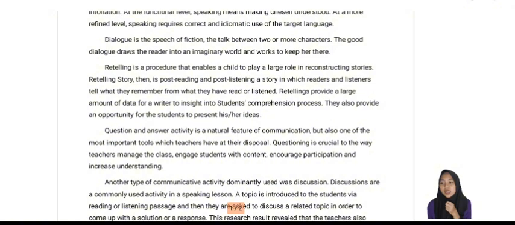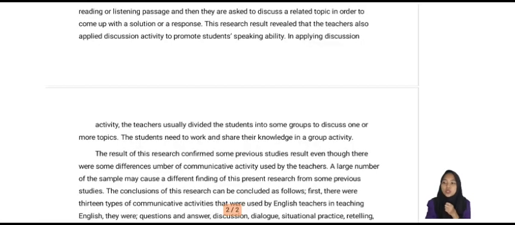This research result revealed that the teacher also applied discussion activity to promote students' speaking ability. In applying discussion activity, the teacher usually divides the students into some groups to discuss one or more topics. The students need to work and share their knowledge in a group activity.